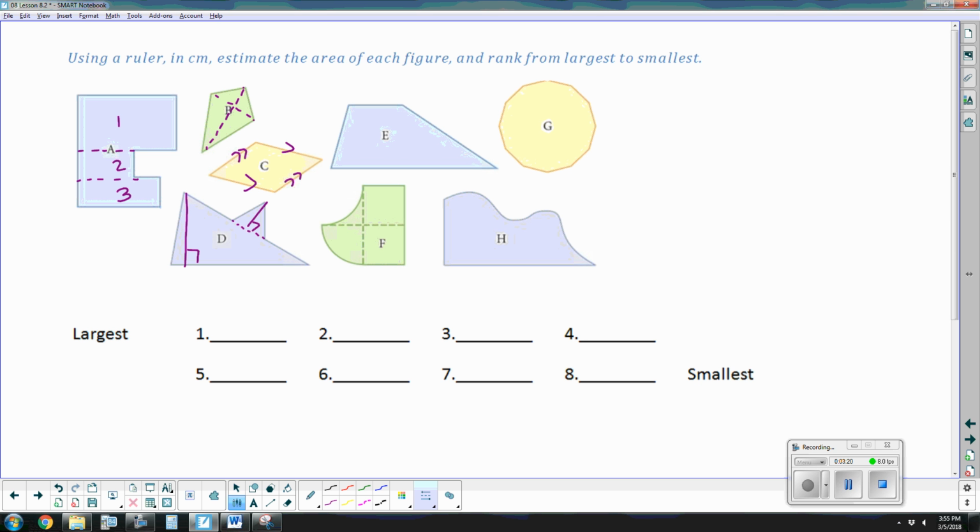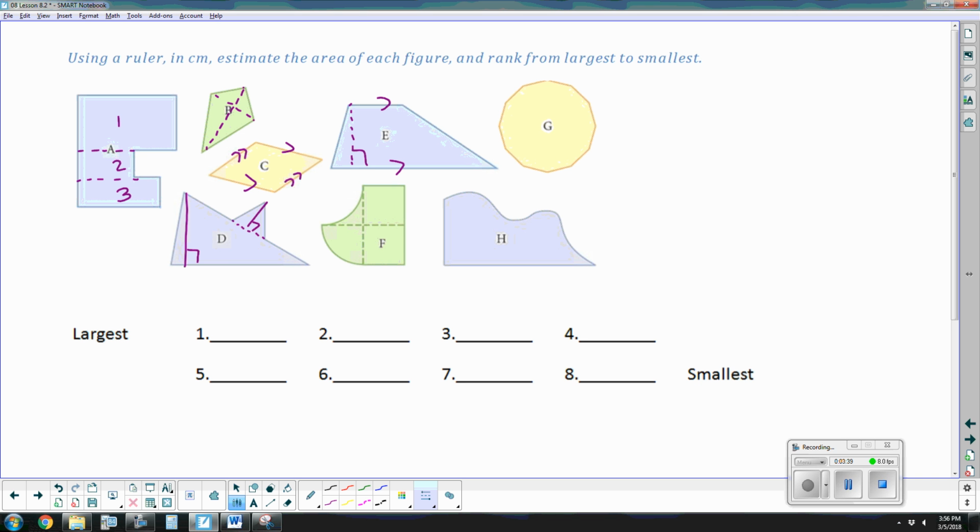So you'll need to measure the height of both of those triangles. We look at E. E looks like it could be a trapezoid. So we'll need the height and the bases.